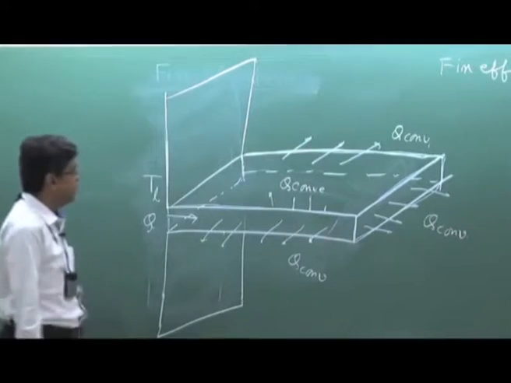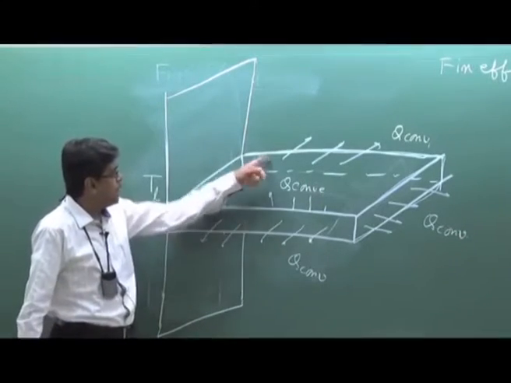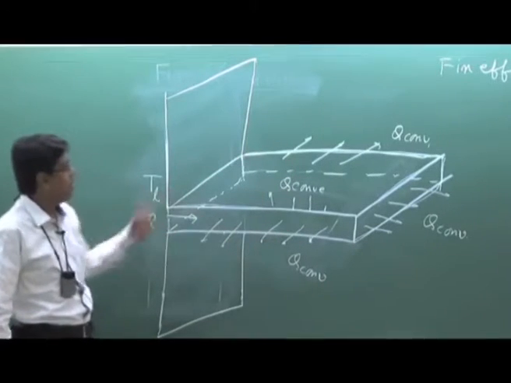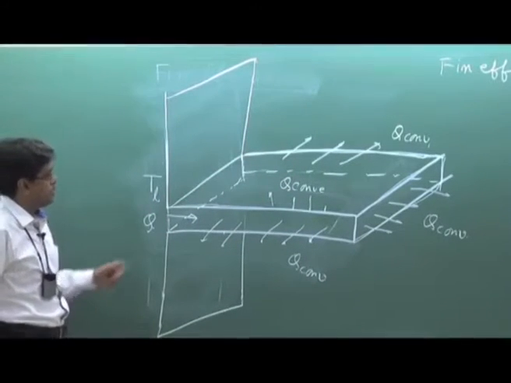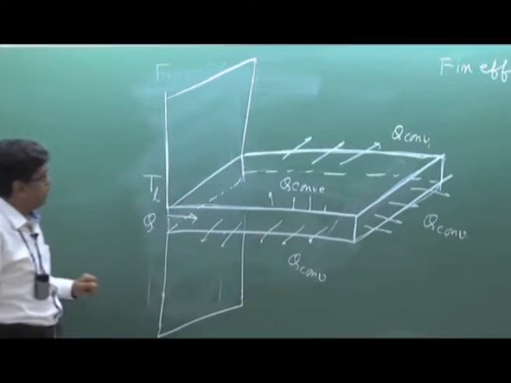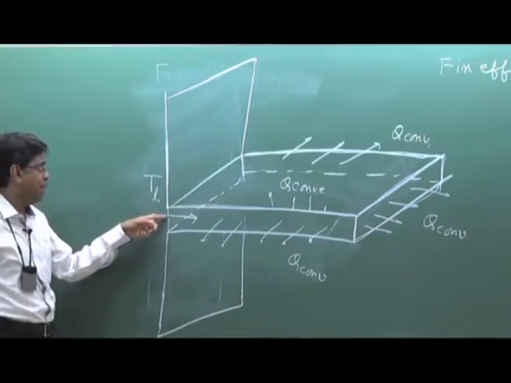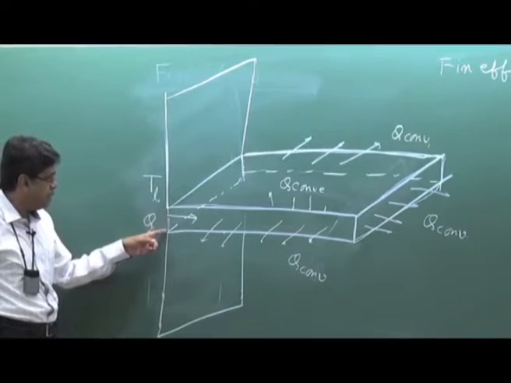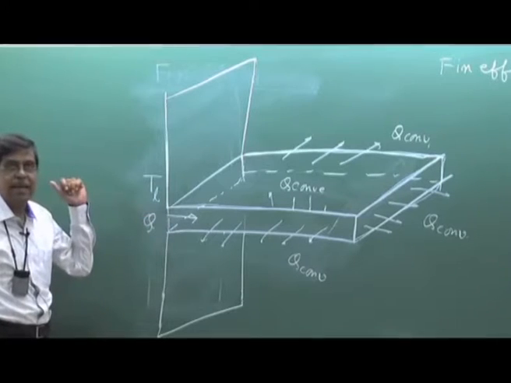If it is not insulated, that means this side, top surface, bottom surface, that means all lateral surfaces, convection heat transfer is there. Due to this large surface area, the convective heat transfer is huge, so that finally the heat that is coming from the base where it is attached is enhanced.